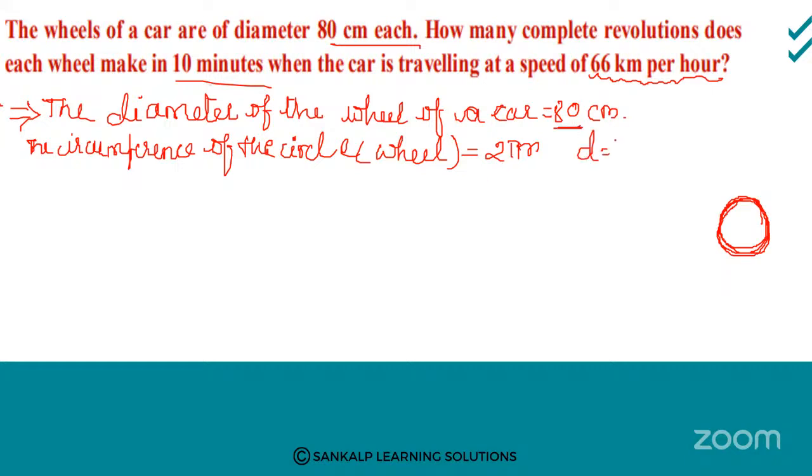Diameter they have given, that is 80 centimeters. So r is equal to 80 divided by 2. That means r value is 40, right? 2 fours are 8, so r value is 40. 2 pi into 40, that means 2 into 40 is 80 pi. So 80 pi is the circumference of the wheel.